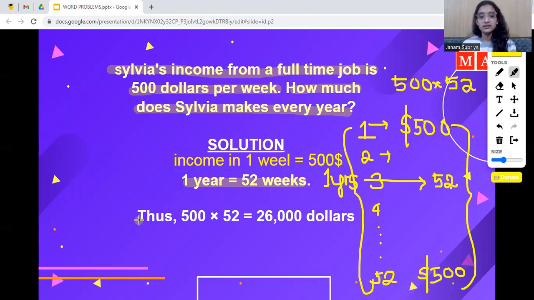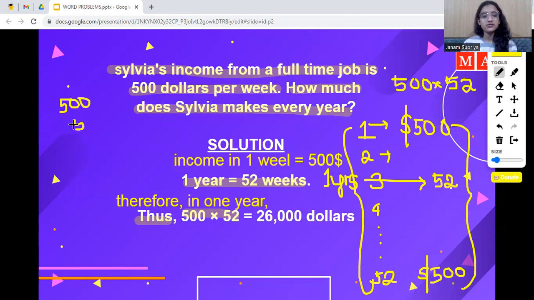Now, therefore in 1 year she will be earning how much? She will be earning 500 into 52. Let's calculate and see.